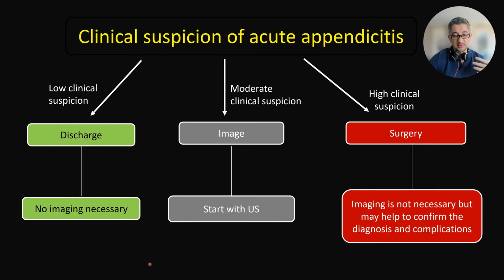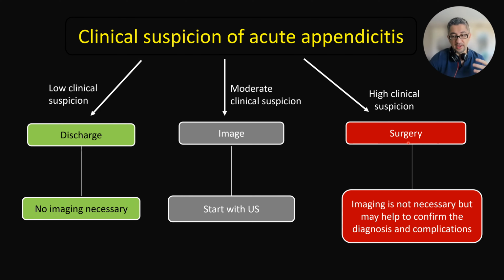As a general approach, this is what I understand. If there is a patient with a clinical suspicion of acute appendicitis, the patient can have a low, moderate, or high clinical suspicion. When there is low clinical suspicion, the patient is discharged, no imaging necessary.